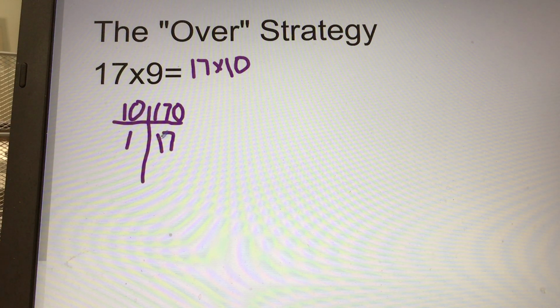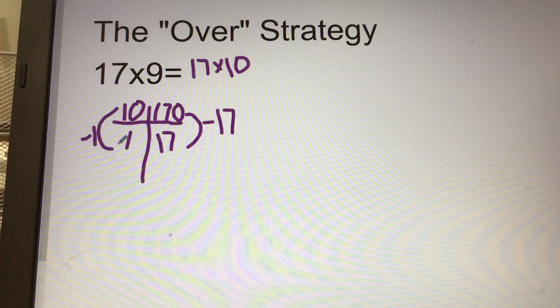So my next step then is I would have to think in my head, okay, I had to go from 10 minus 1 to get to my 9. What that really means is I subtracted 17, my one group of 17, from my 170.